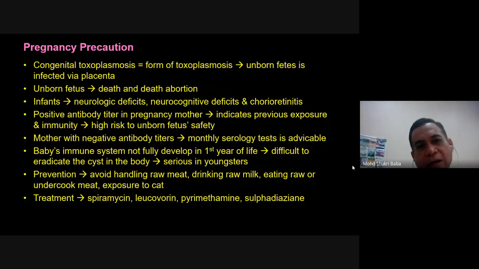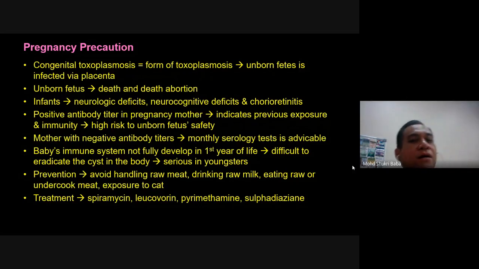When we do the antibody titer against toxoplasmosis in a pregnant mother, if it is positive, it indicates that the mother was previously exposed to the Toxoplasma infection.